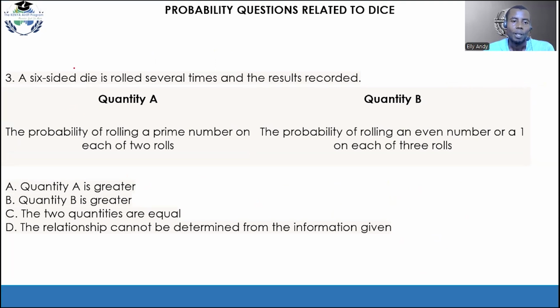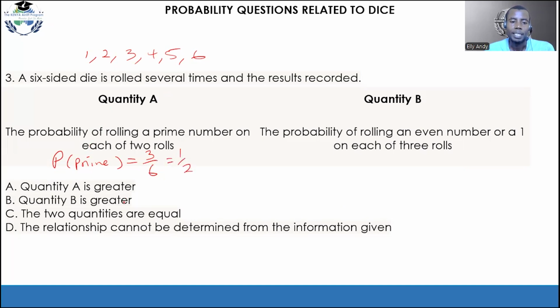So we have the numbers 1, 2, 3, 4, 5, and 6. The prime numbers here are 2, 3, and 5. So we have 3 prime numbers. So the probability of getting a prime in one roll would be 3 out of 6, which is a half.